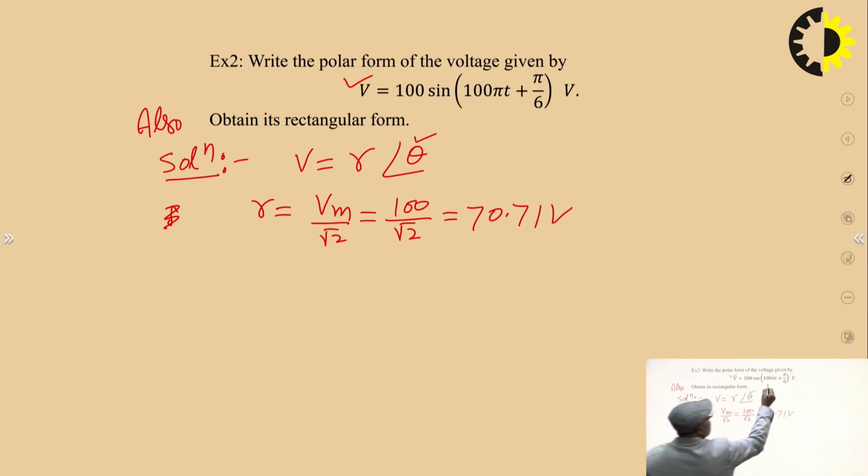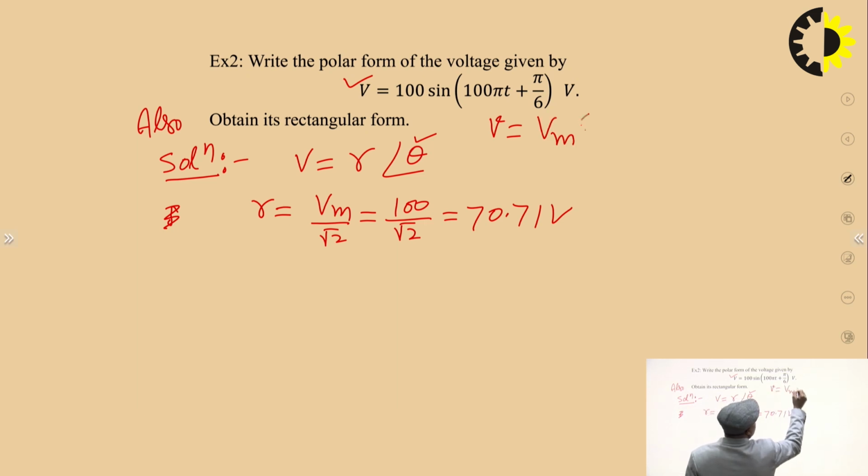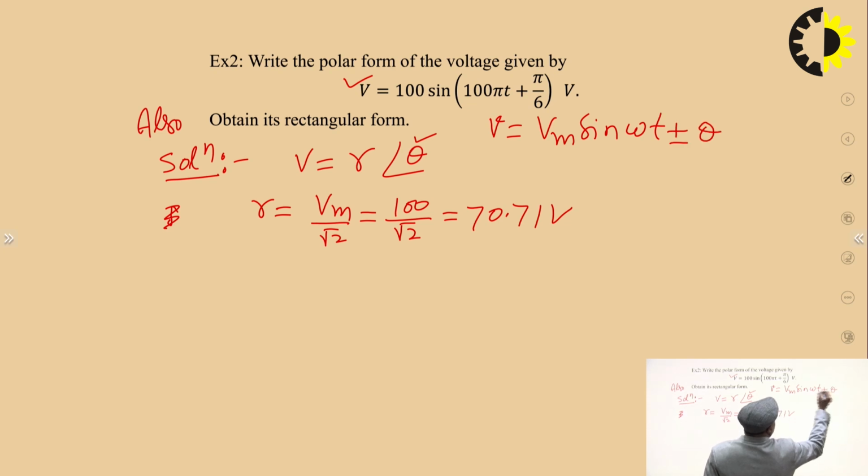And then what is theta? We know that the general or standard form is small v is equal to Vm sin(omega t plus or minus theta or phi). So this Vm is the peak value and theta or phi is the phase angle.